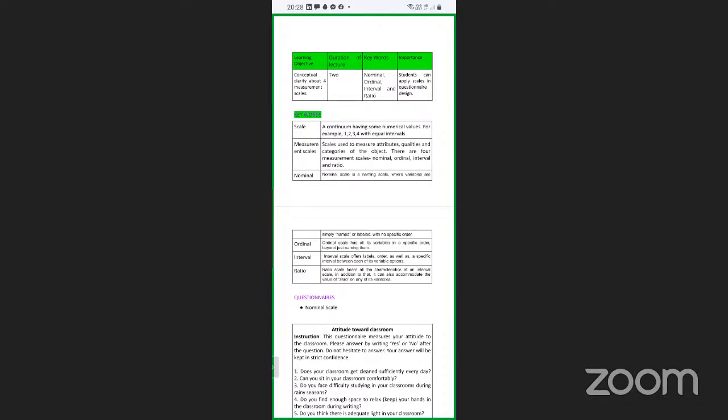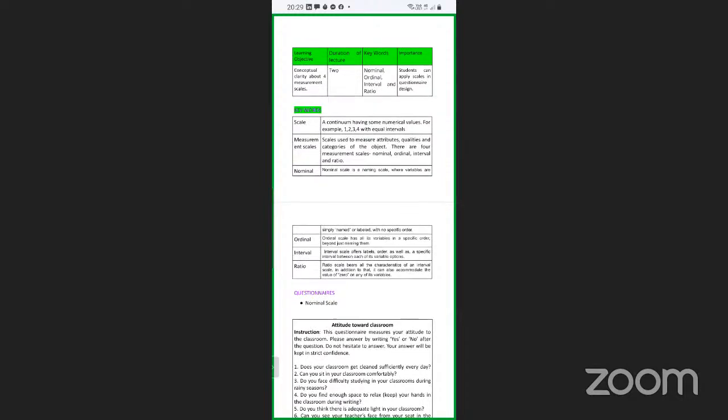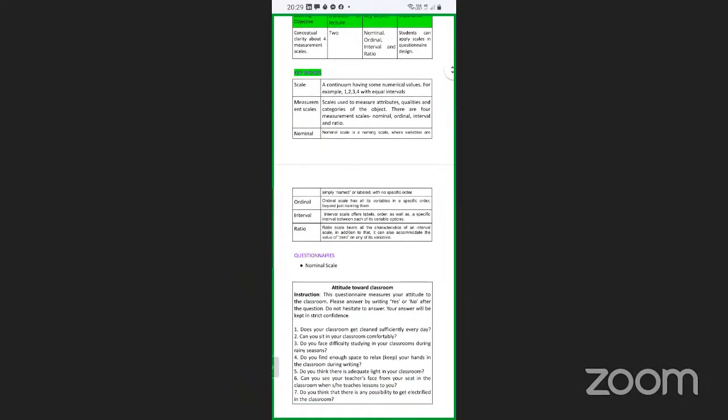Next, ordinal scale. Ordinal scale has all its variables in a specific order beyond just naming them. So this is the first, second, third, fourth. When we are talking about the rank, so rank is the ordinal scale.